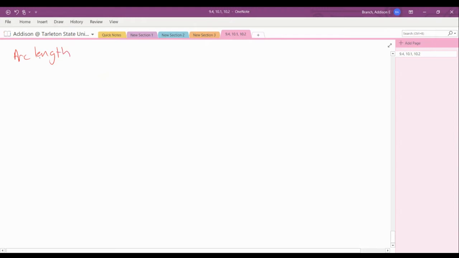Yeah, this section, like I said, it's not super, super hard, but it's dense. So arc length. Once again, it's kind of the same idea as with area.